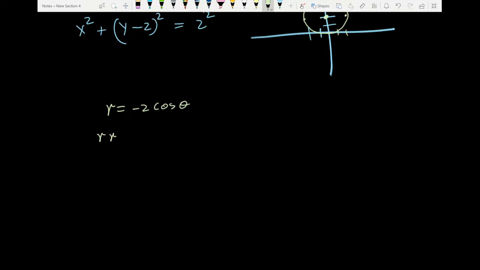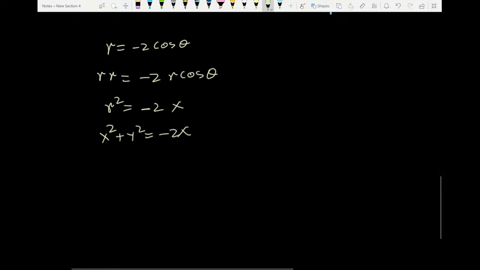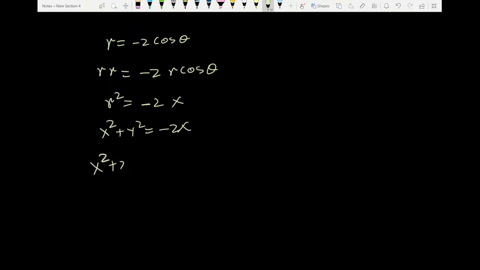I multiply both sides by r. You get r squared equals negative 2r cosine of theta, and this is x, so I get x squared plus y squared equals negative 2x. So x squared plus 2x plus y squared equals 0.